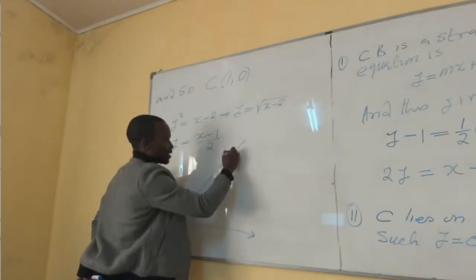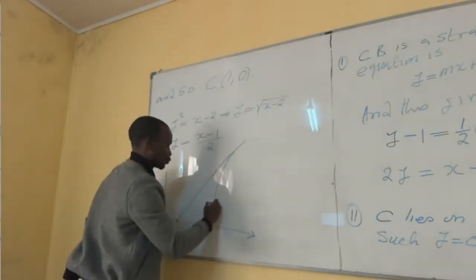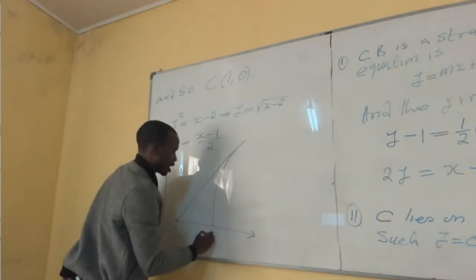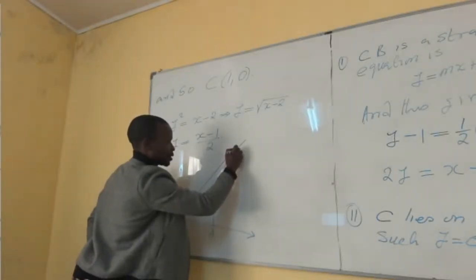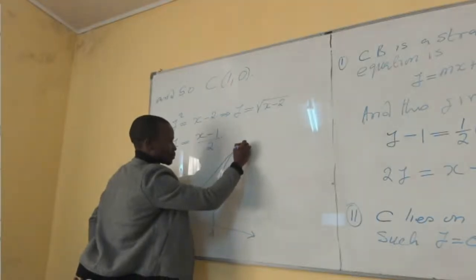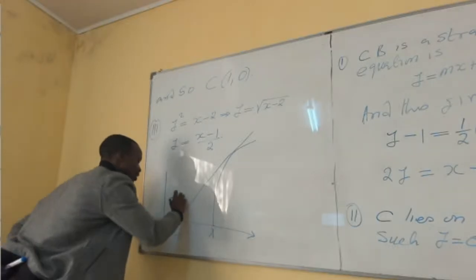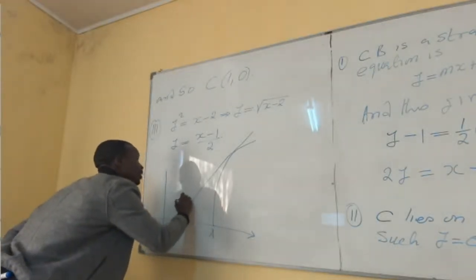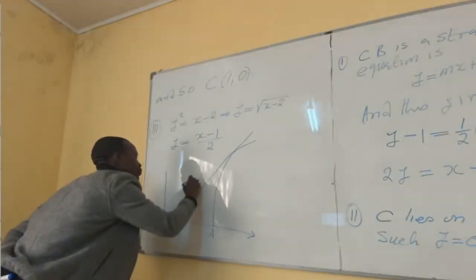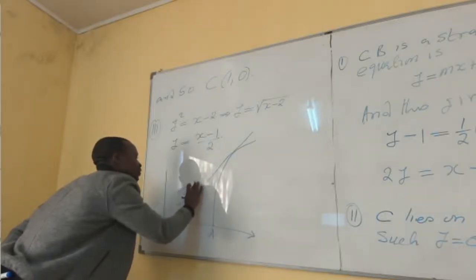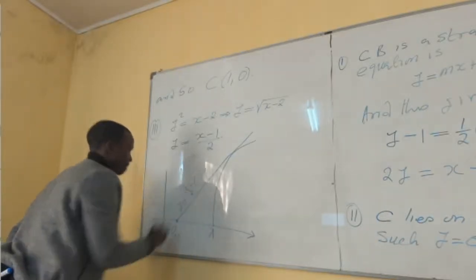Then we have a curve, which meets at A. So this straight line is y equal to x minus 1 over 2.